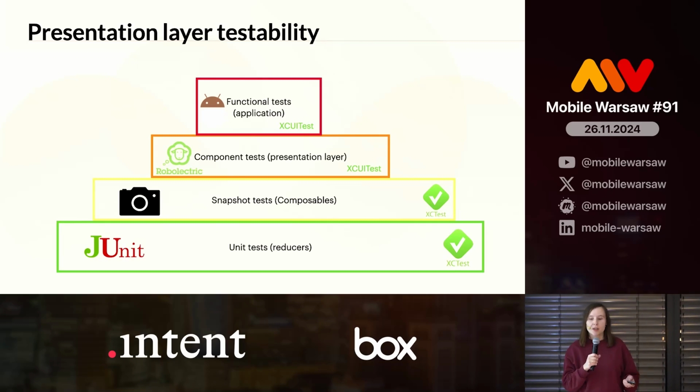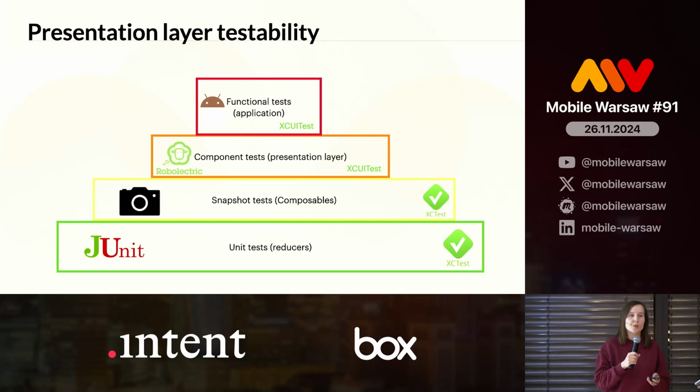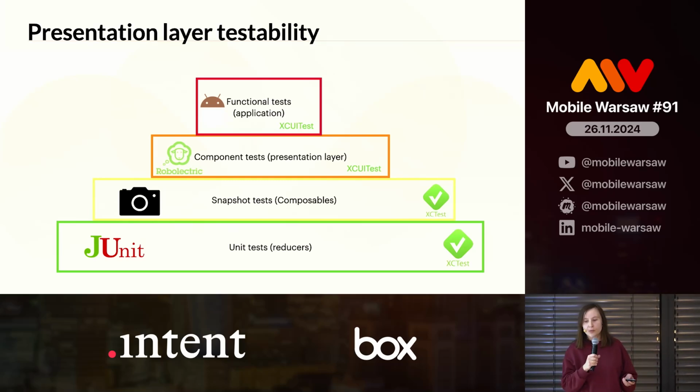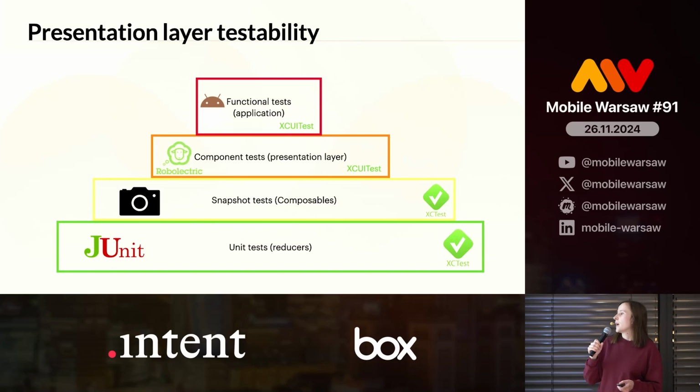With this new architecture, we managed to test almost the whole UI logic with just simple unit tests that are fast and easy to write, because we just test reducers that are simple Kotlin classes without any dependencies to Android. Upon that, we could introduce snapshot tests, and on Android we use the Paparazzi library.